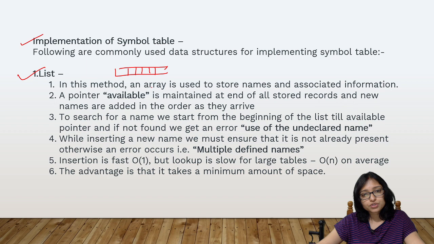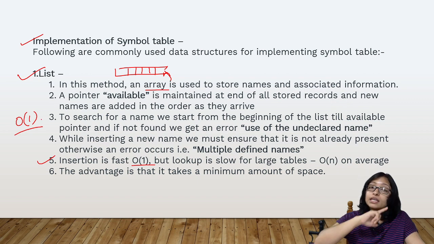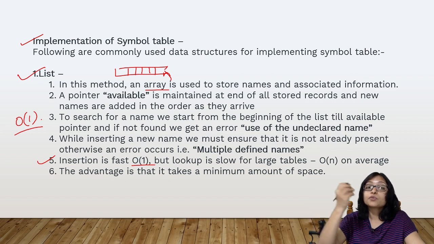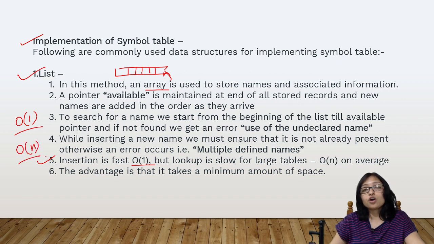First of all, this is using the array. So in an array, if there is something you have to insert, insertion is very fast, and whatever you insert in an array, the complexity is order of 1. And when you have to search for something, throughout that you have to search for the token, then the complexity will be order of n.